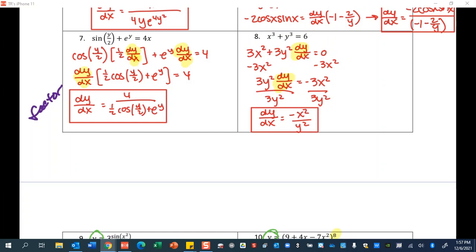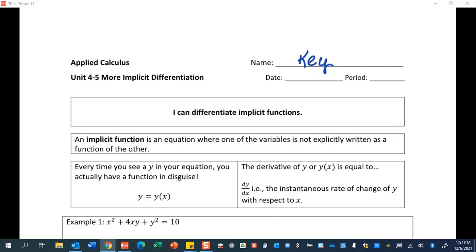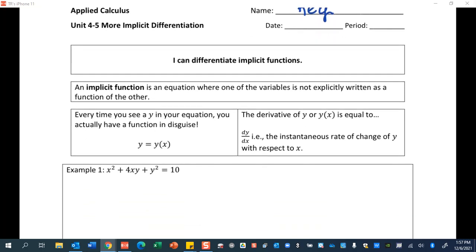So with today, we're looking at just more implicit differentiation, more conversations about how to take the derivative and what happens with each new level that we're working on. Does yours match mine? Are we looking at the same thing? All right.